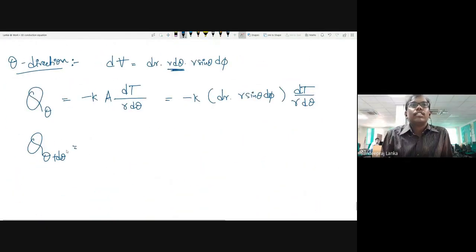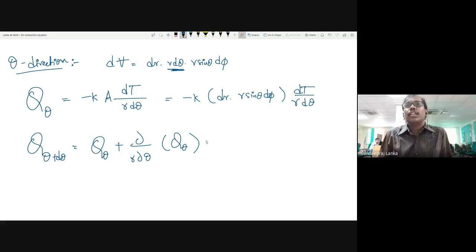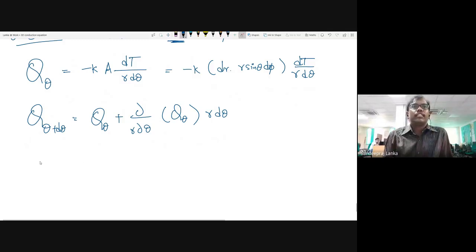If you have to take this according to Taylor series expansion, it is Q theta plus dou by dou theta. When I take dou theta here, it is again r d theta. This thing I have to take of Q theta into again r into d theta. This is how it will be like. And then what I need is dQ theta, which is also equal to d theta net.